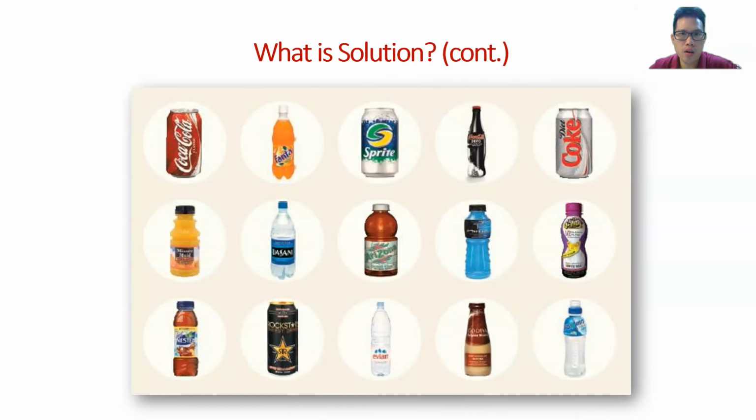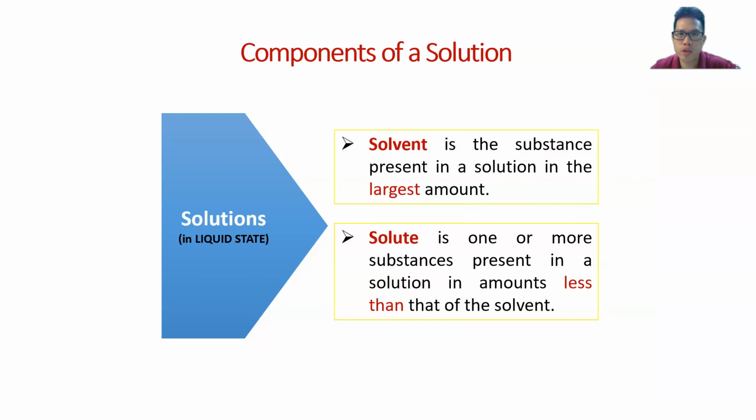There are a lot of products in the market that are considered solutions. You can see all types of beverages here. When you're looking at a solution, there are two main components. You can assign one as the solvent and another as the solute. The solvent is the substance present in the solution in the largest amount, and it is the one that dissolves the solute.